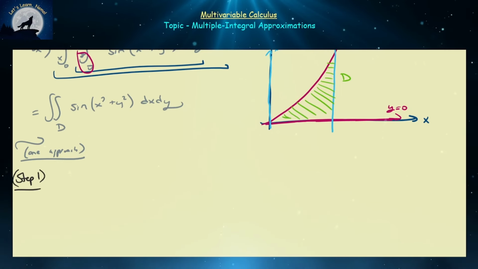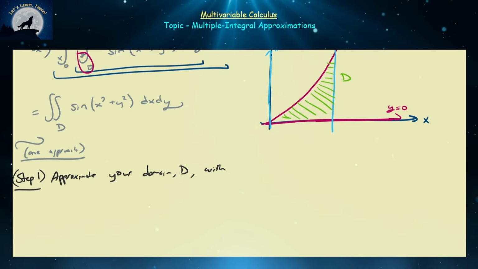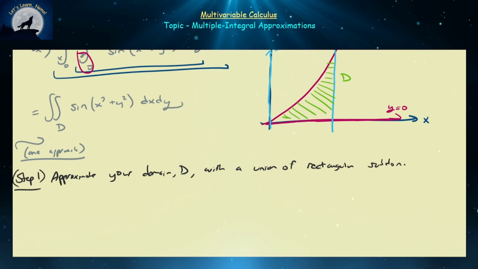Right, so step one. What we can do is approximate your domain, in this case D, with a union of rectangular subdomain approximations.